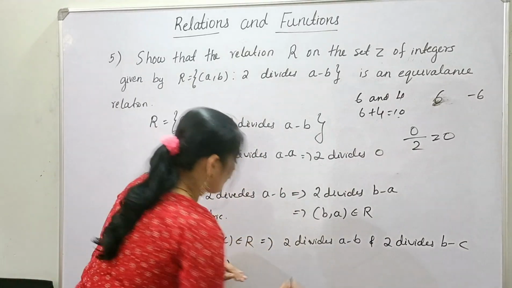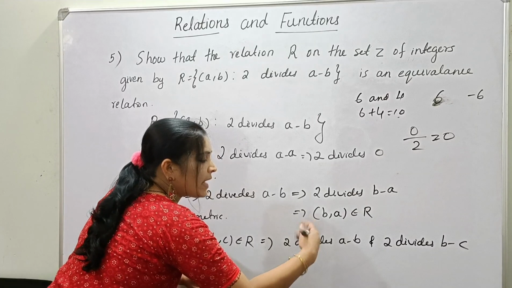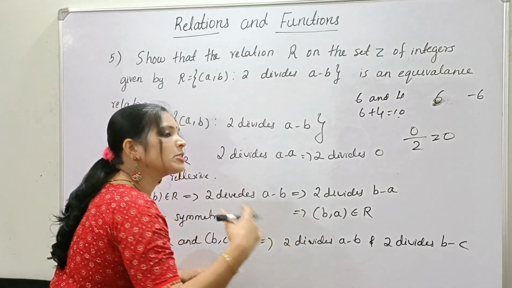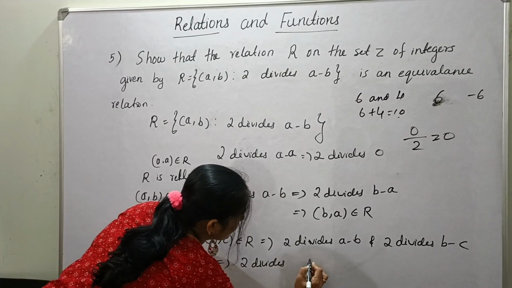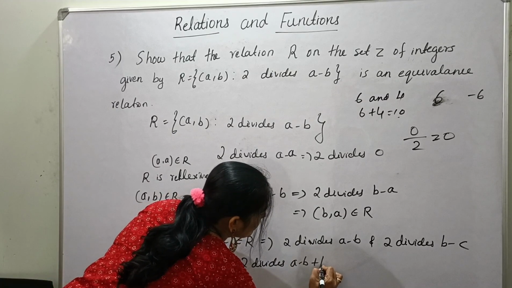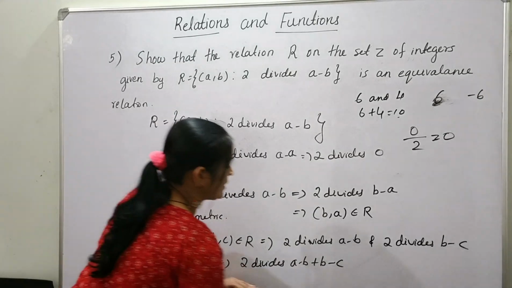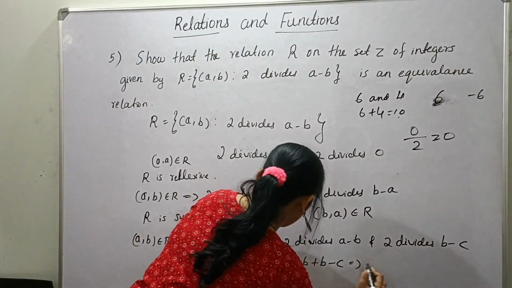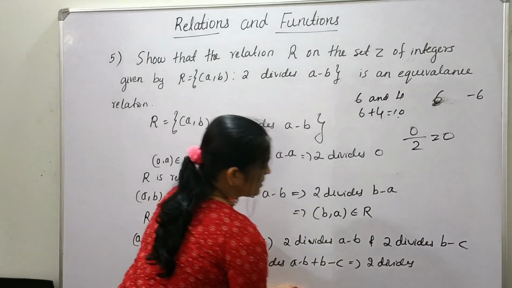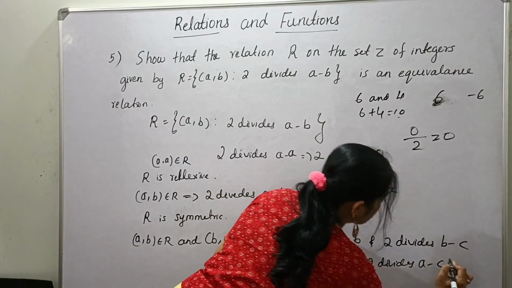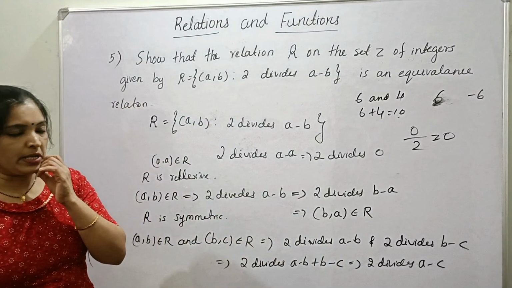So here also we can say if 2 divides a minus b and 2 divides b minus c, then 2 divides their sum, that is a minus b plus b minus c. That implies 2 divides, here minus b plus b cancelled, a minus c. So 2 divides a minus c.